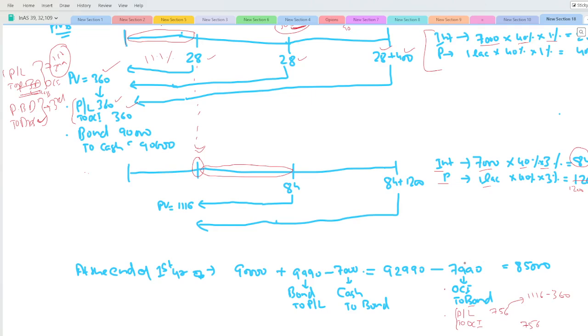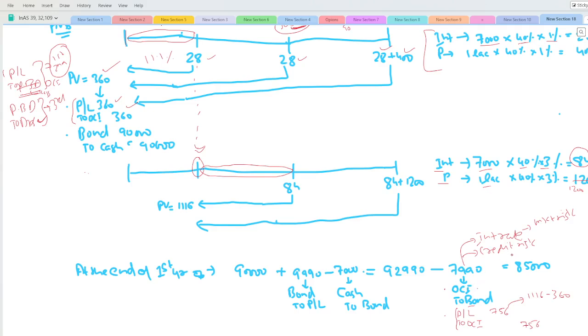See, in this, your interest rate impact is also there. And similarly here also the credit risk impact is also there. So interest rate risk is your market risk. Whatever the reduction is because of the market risk, you keep it in the OCI. But whatever the reduction is because of the credit risk, you need to charge it to the P&L.